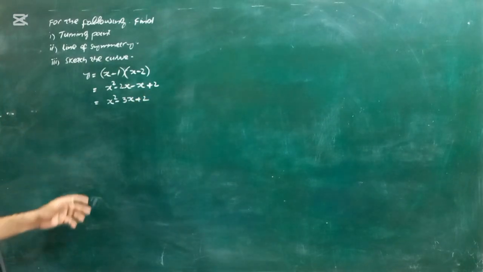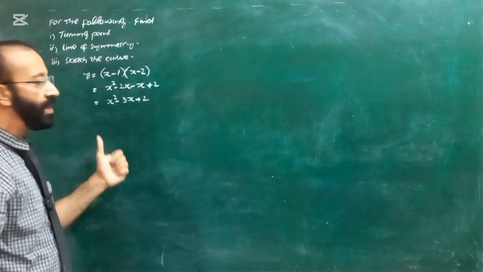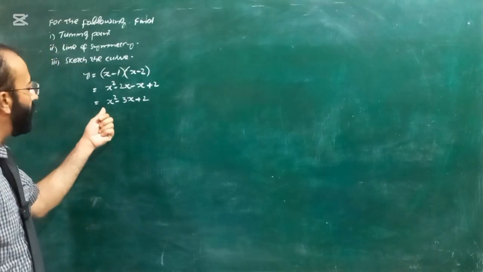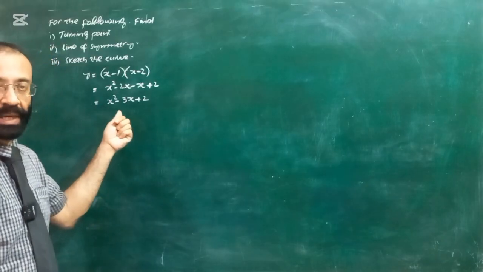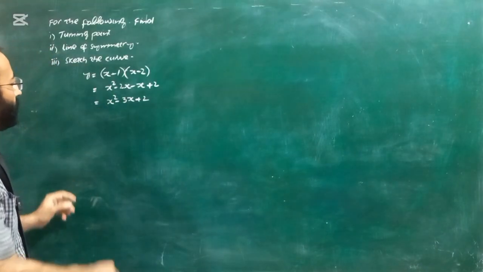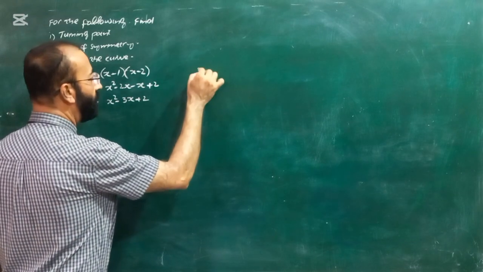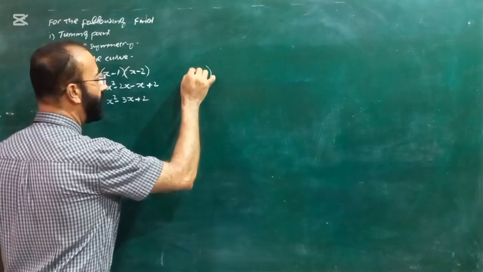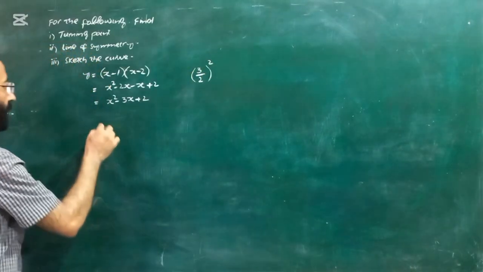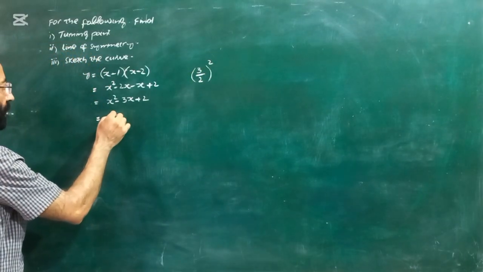So here is the equation. First step is make the coefficient of the quadratic variable becomes 1. So that is already equal to 1. Next step is take the coefficient of the singular variable, make it half, take its square, and add and subtract into the equation.